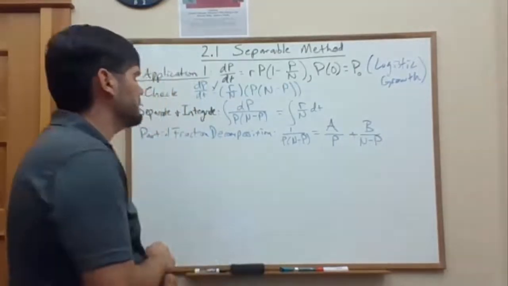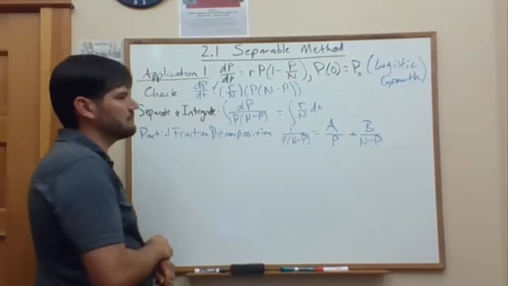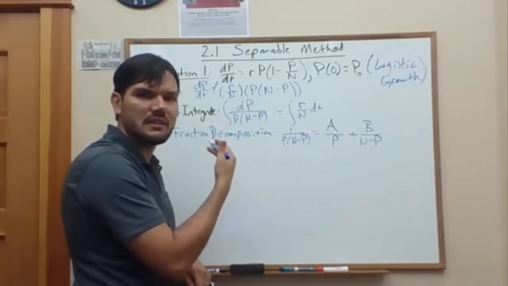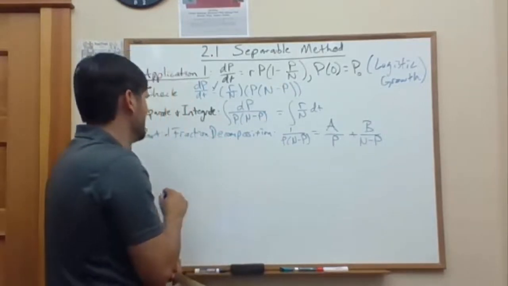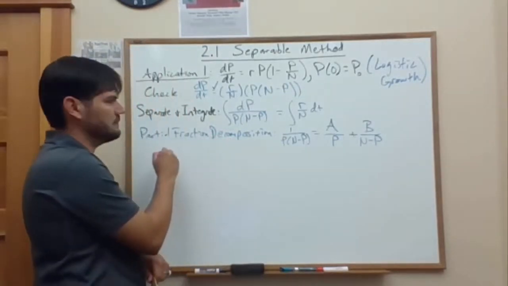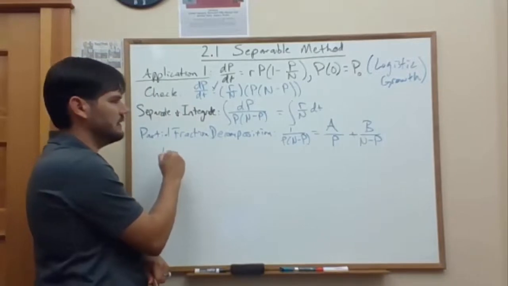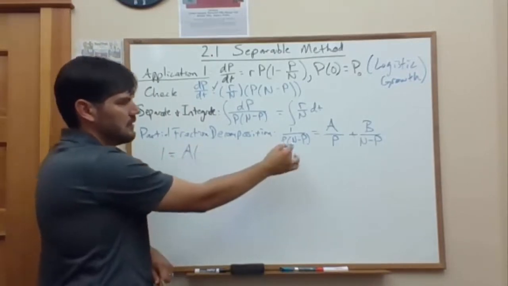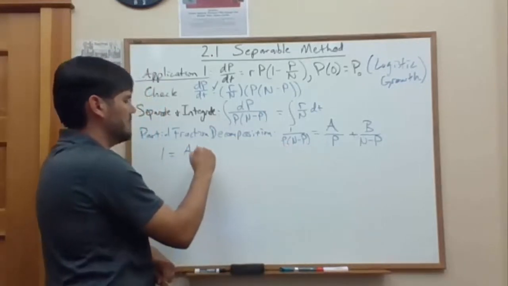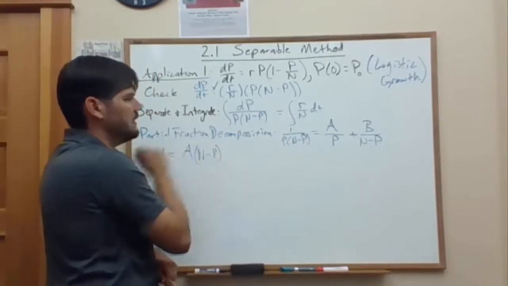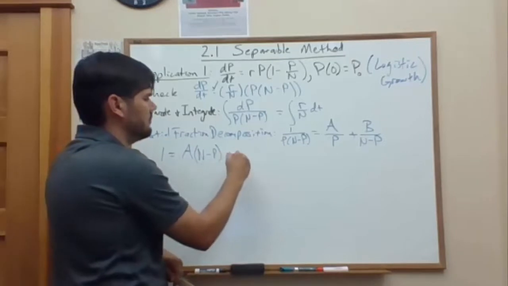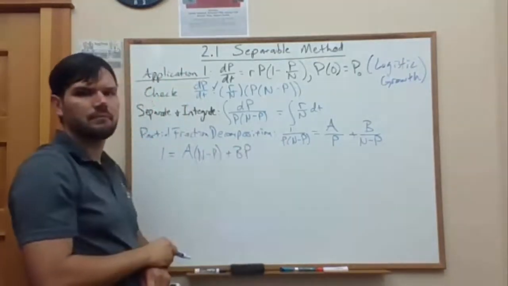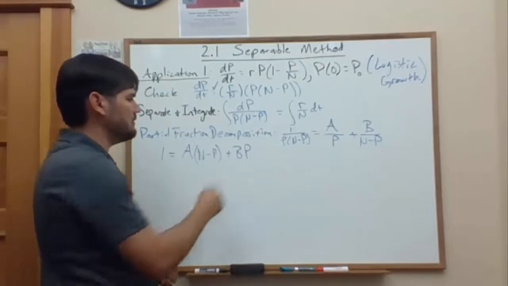Keep that in mind. So to solve this equation, I'm going to clear out by the common denominator of P times N minus P. That will give us 1 equaling A times, well, P's cancel, leaving us with N minus P, and then B times N minus P cancelling, just P. Now I can expand that out.